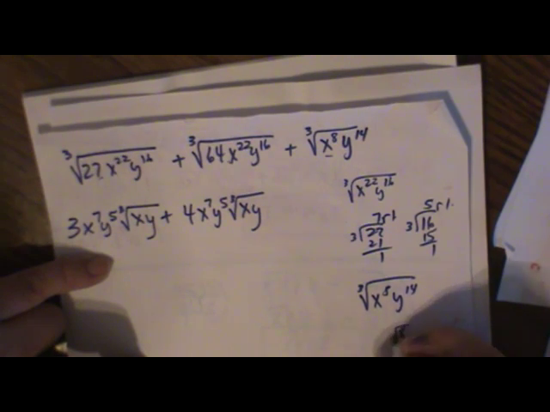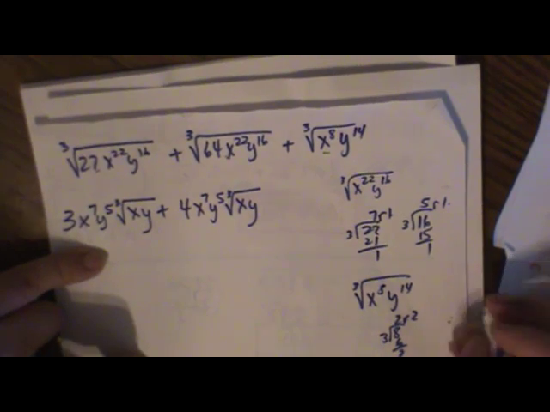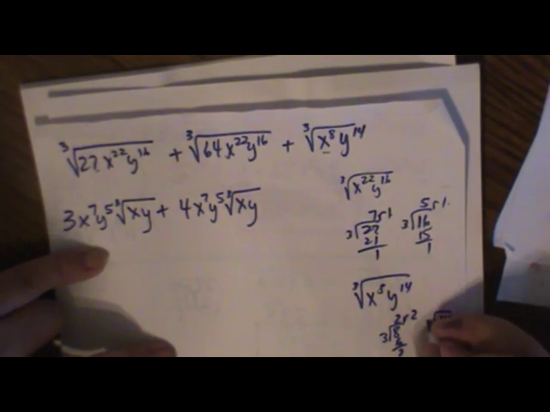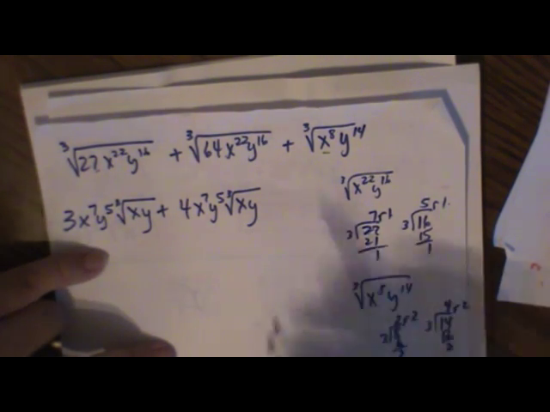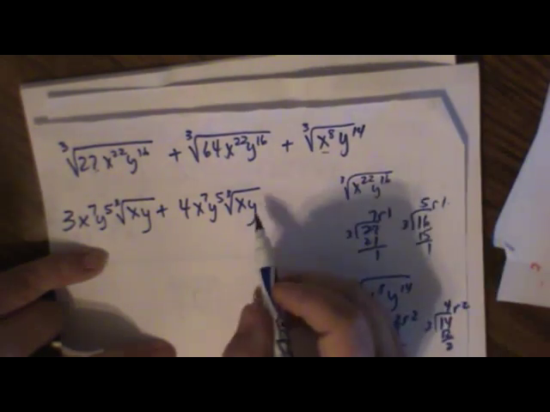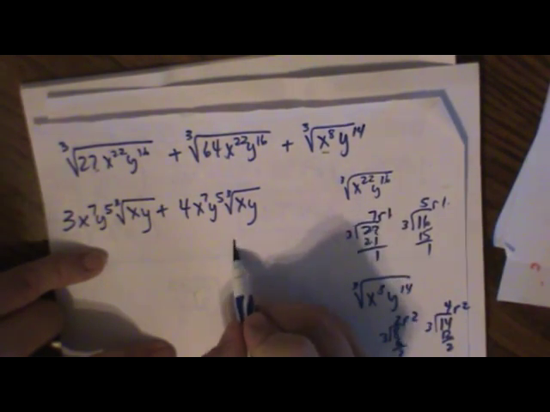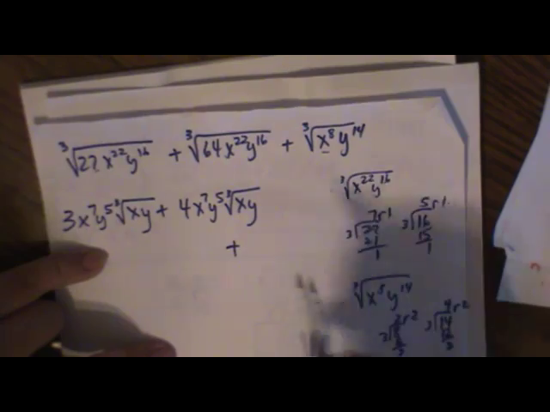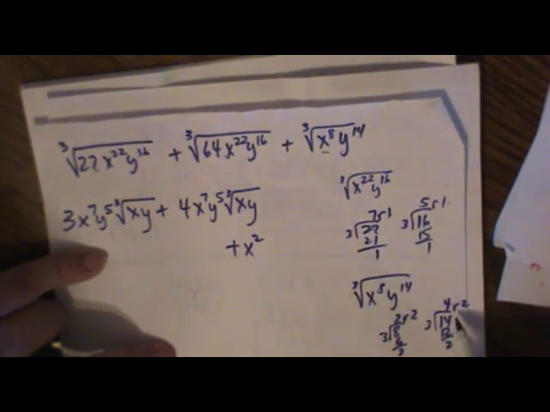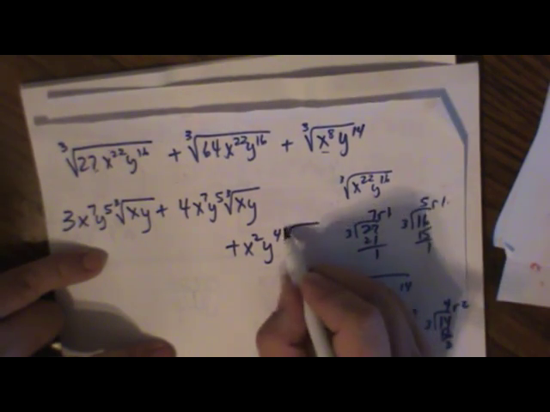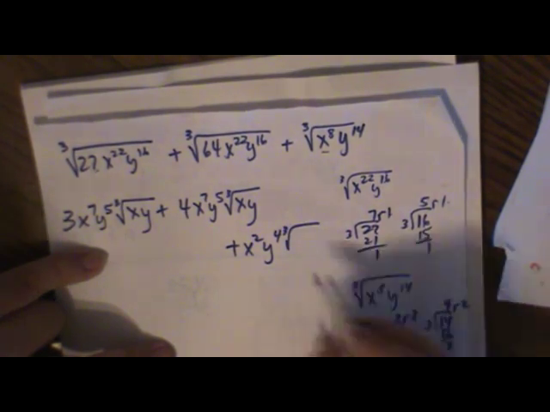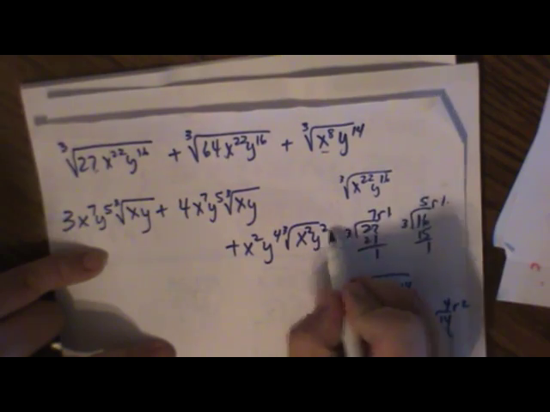So 8 divided by 3 is 2 with the remainder of 2, and then 14 divided by 3, 4 times 3 is 12, remainder of 2. We don't have any numbers here, so it just pulls out. We're adding 2 x's, 4 y's on the outside, and inside our cube root we have a remainder of 2 for each one.